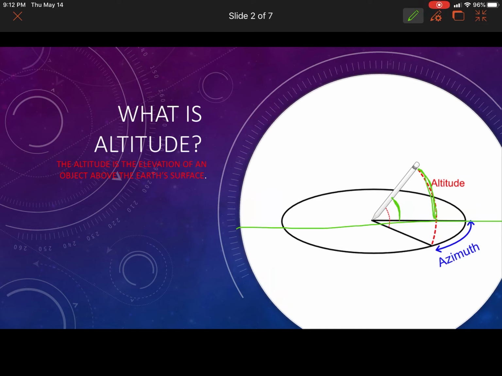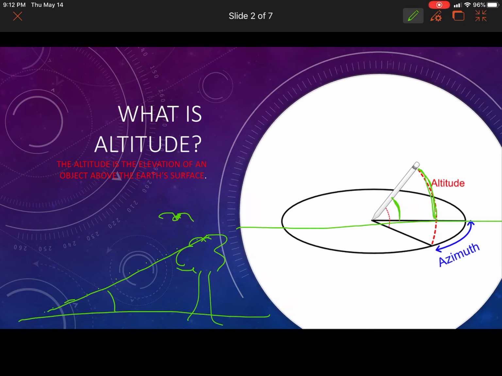We can take this on a large scale. Say we had a bird in the sky or a tree. Let's do a tree. The altitude of the tree would be, this is the earth here, right? So this part here, that is the altitude. Some of you may have seen this in math already, where you're using Pythagoras to solve for heights.